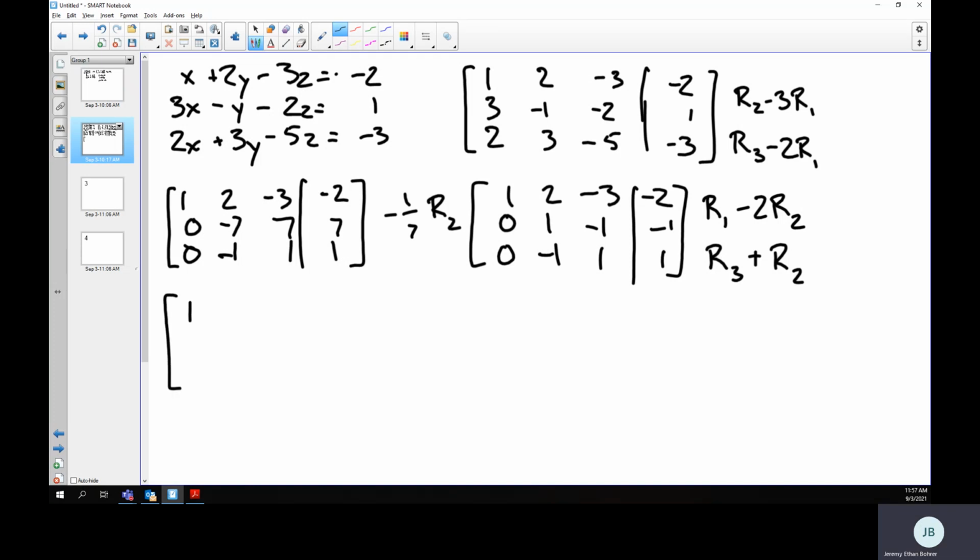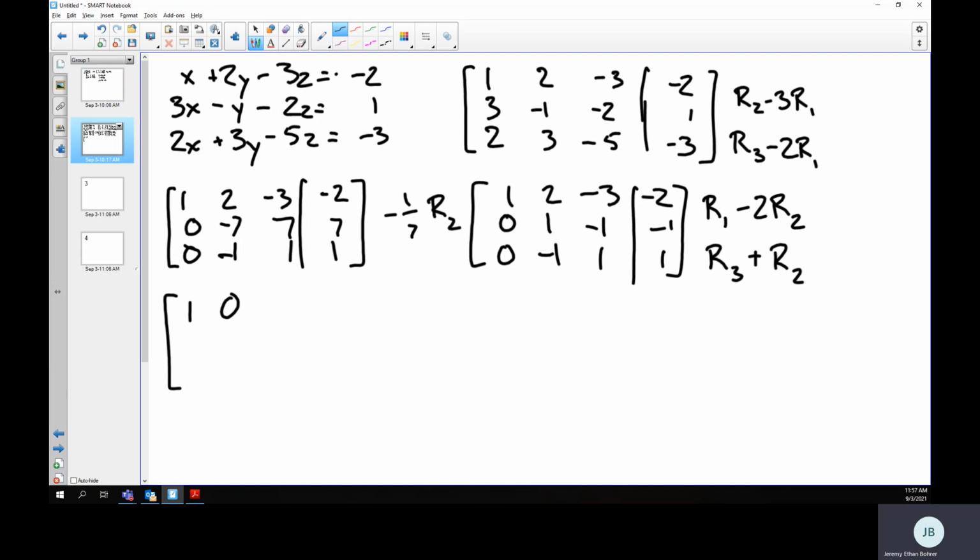This gives us 1, 0. 2 minus 2 times 1 is 0.